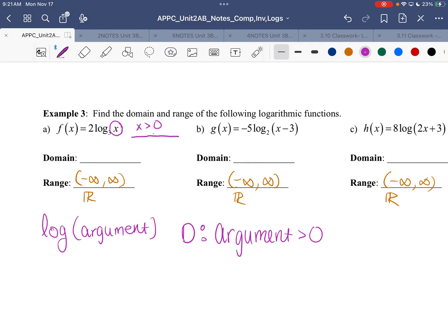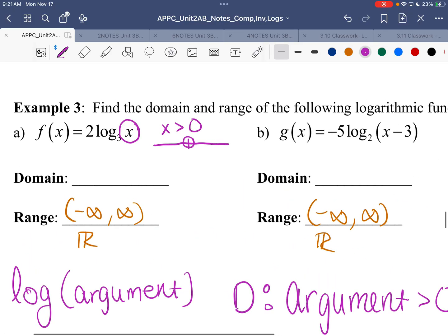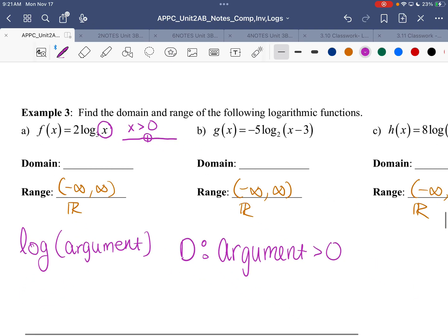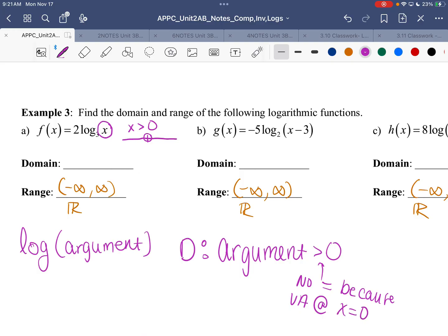If you have an inequality and you're not sure how to put it in interval notation, graph it. So I have an open circle because it's not equal to, because we can't take the log of 0. That's where the vertical asymptote is. We can't have an equals to there because there's a vertical asymptote at x equals 0.